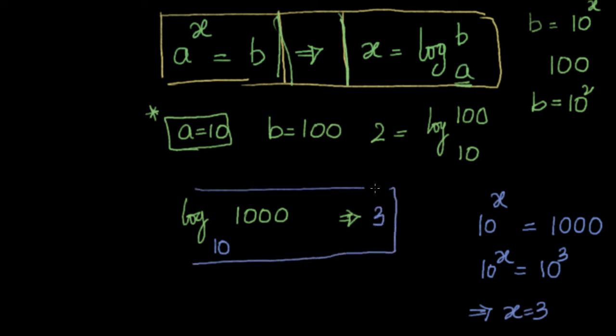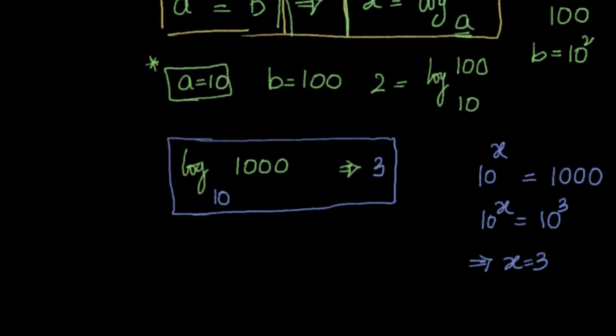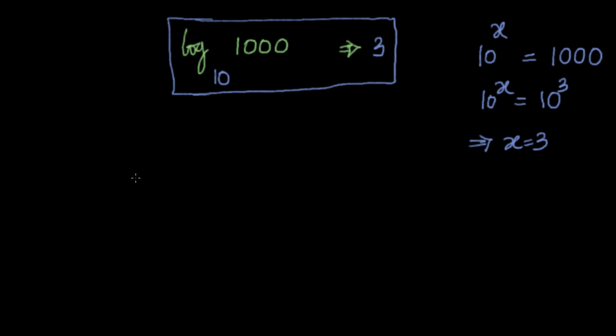Now you want to try another one? I hope you got it. Find the logarithm of 0.0001. Think about it and find out. Pause the video and take your time. The base is always 10. I'll just give you a hint.